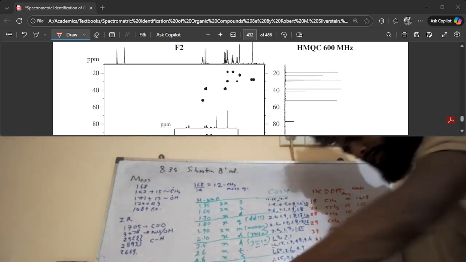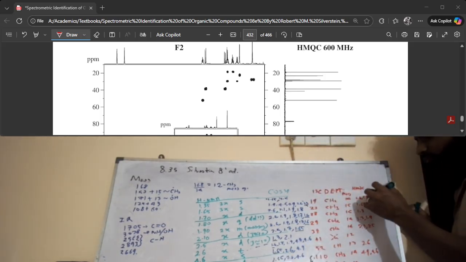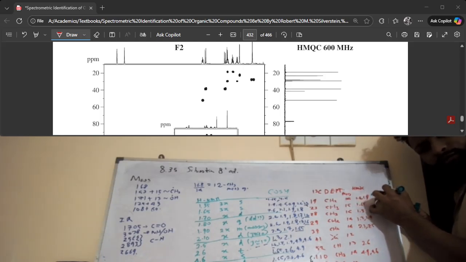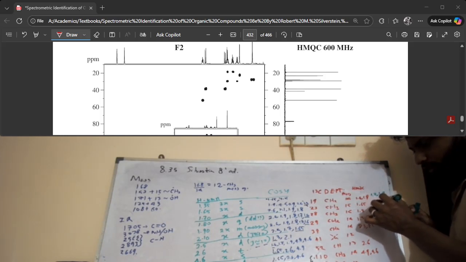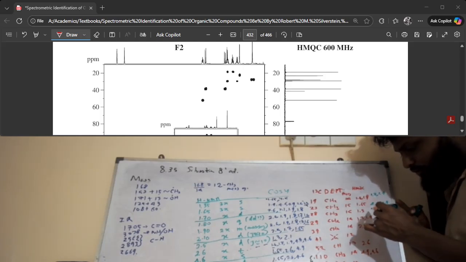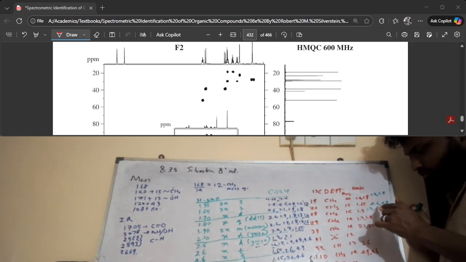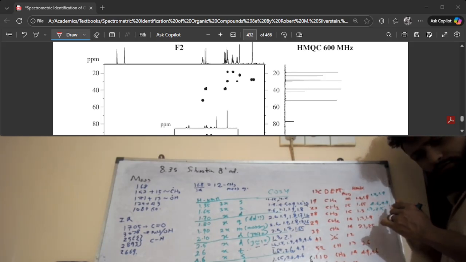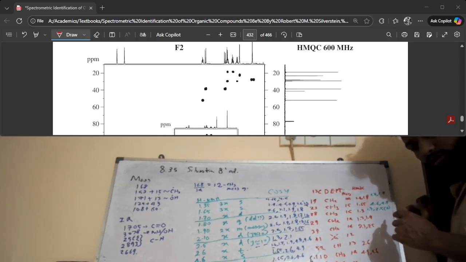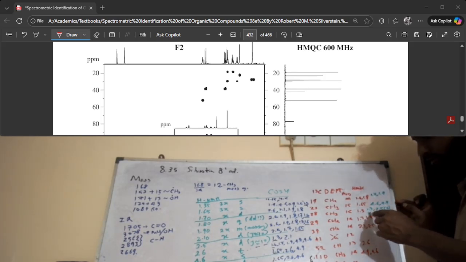The HMBC that I have is 1.7, 1.9 for the first proton, 4.6, 4.9 on the second proton, 1.7 second carbon, 1.7, 1.5. If you look at the signal, it looks like two bonds. It's a very intense signal, but you can't be too sure, right? It's 2.1.